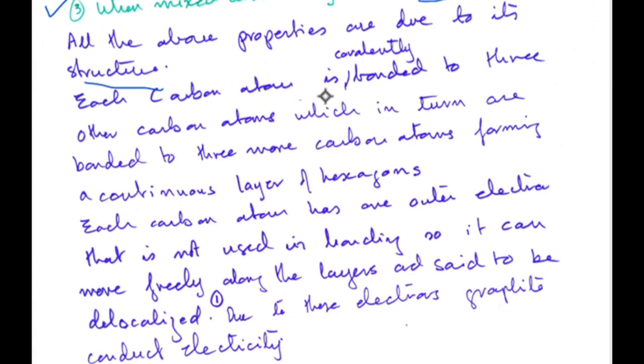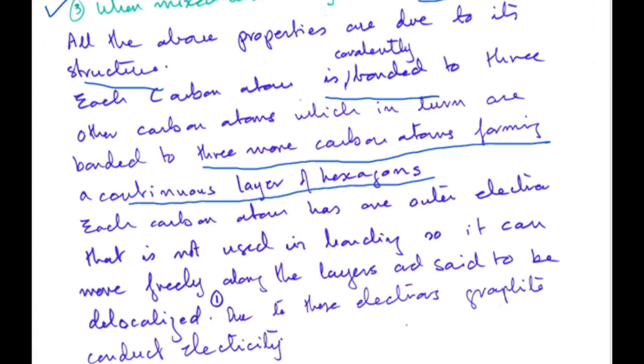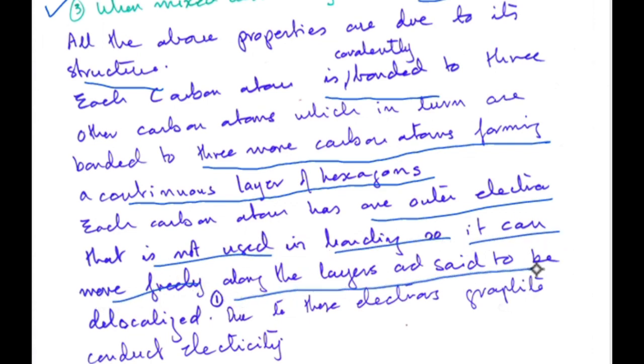Each carbon atom is covalently bonded to three other carbon atoms, which in turn are bonded to three more carbon atoms, forming a continuous layer of hexagons. Each carbon atom has one outer electron that is not used in bonding, so it can move freely along the layers and is said to be delocalized.